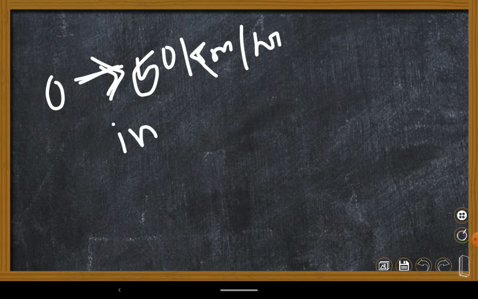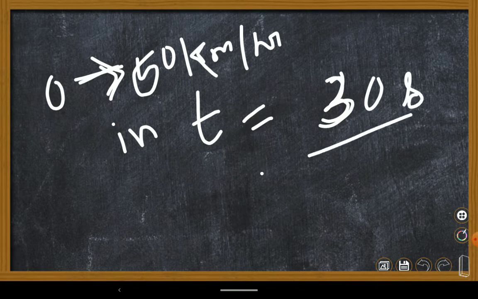In the case of the airplane, let the time be 30 seconds. So remember: the time for the Ferrari was 50 seconds, and the time for the airplane is 30 seconds.